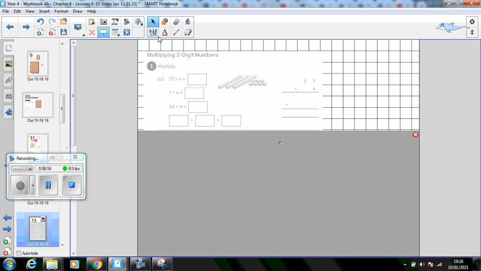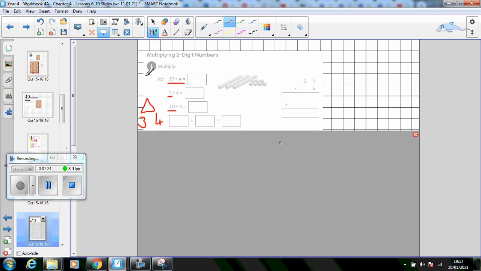Our question here is 37 times 4. Here we're working out the 7 times 4, and then we're working out the 30 times 4. What fact will help us work out 30 times 4? That's right. We'll work out 3 times 4.